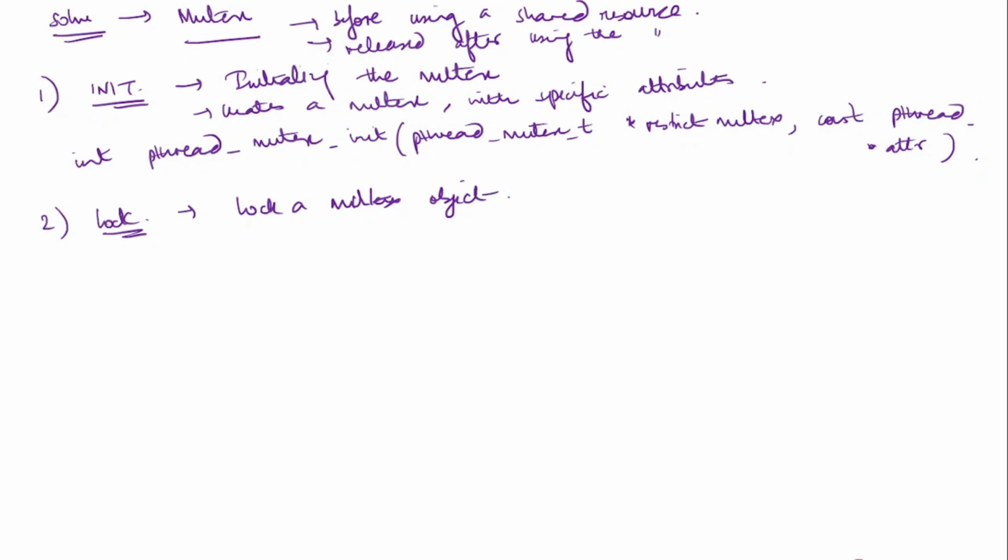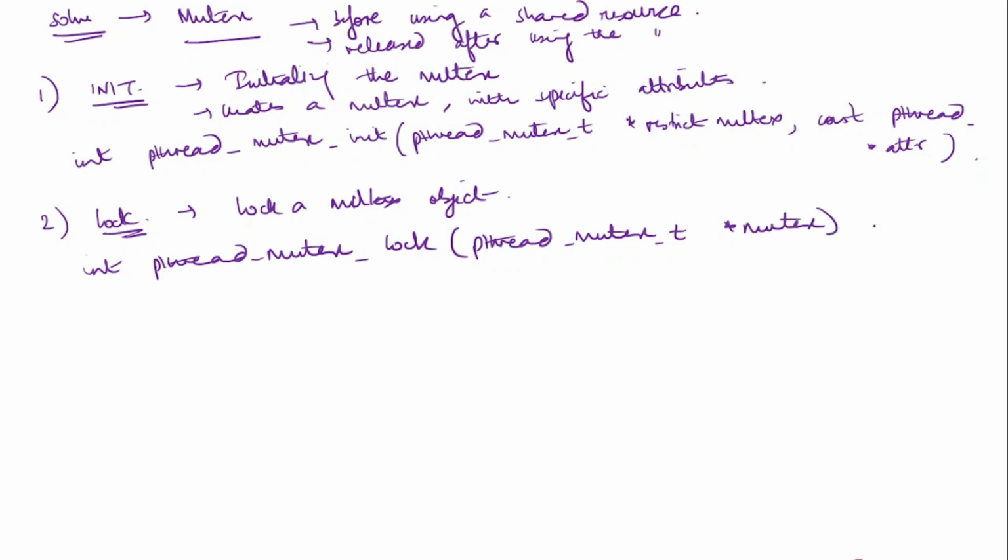As you lock the mutex object, the syntax goes like this: int pthread_mutex_lock, pthread_mutex_t pointer mutex. So the thread has locked a mutex, which means it has become its current owner, and it remains the owner until the same thread has unlocked it.